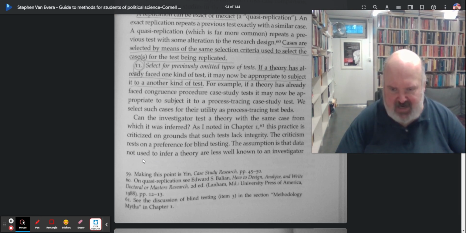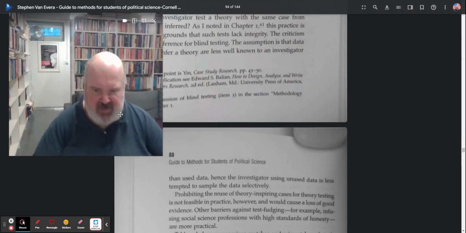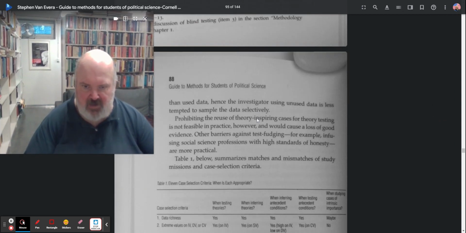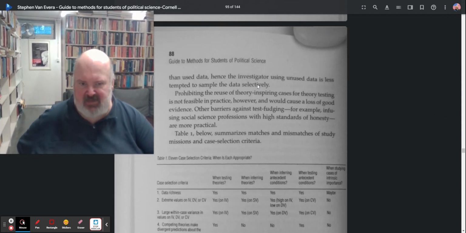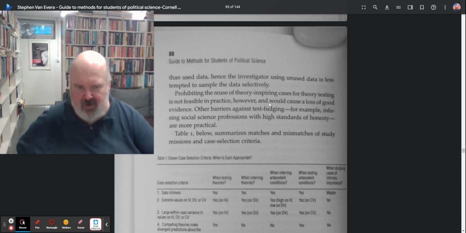The assumption is that data not used to infer a theory are less well known to the investigator than used data. Hence, the investigator using unused data is less tempted to sample the data selectively, right? Prohibiting the reuse of theory-inspiring cases for tests is not feasible in practice, however, and would cause a loss of a good deal of evidence.